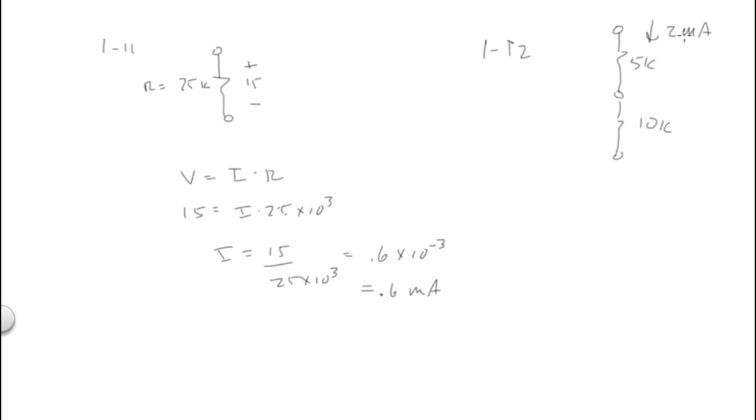Well, voltage is I times R, or 5 times 2 is 10. The K and the milli cancel each other out. So this is 10 volts. And 2 milliamps times 10K is 20 volts. Right? So what's the sum total here? We go through 10, and we go through 20, and we go through 30 volts. So we start up here, and we go down here, and we drop from 30 volts down to 0 volts. So we drop 30 volts.